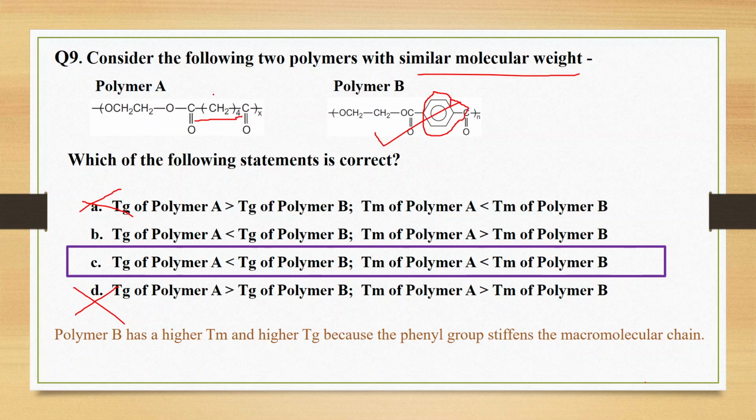Rather than CH2 whole 4, the phenyl groups have a much greater tendency to stack among each other and form a crystalline domain. So you will need a higher temperature to break those interactions and take it to a liquid state. So the Tm of polymer B will be higher than Tm of polymer A. So your correct option is C.